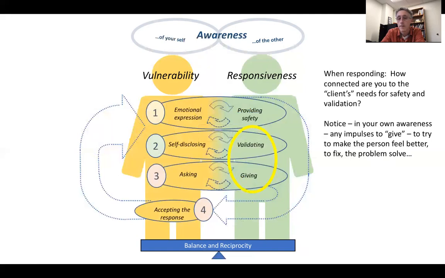One of the things that often goes wrong in intimacy is somebody's self-disclosing and really just needs to be seen and heard and understood, but the responding person really wants to try to fix or add or change the emotions. And all of those responses really show up in this third subrelation. So we'll be talking about this more, but for now I just want to highlight that when we're responding, we're going to really try to work on providing safety and validation and noticing any understandable impulses to give.